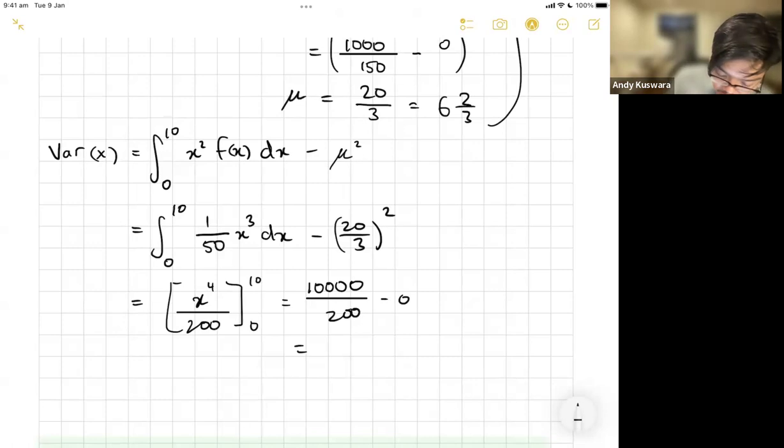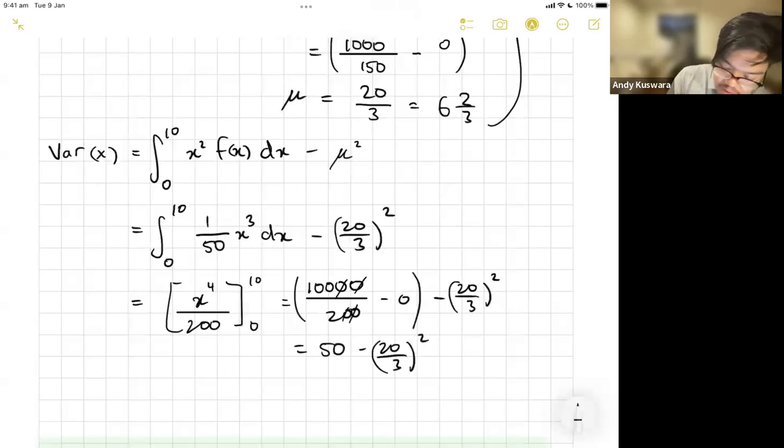How many 2s go into 100? It'll be 50. Then I need to take away my 20 on 3 squared. That was my integration, and then I'm taking away my average squared.